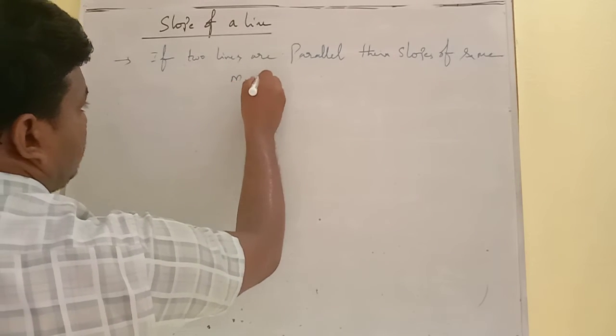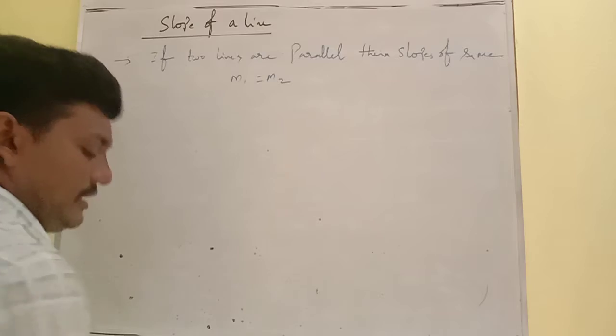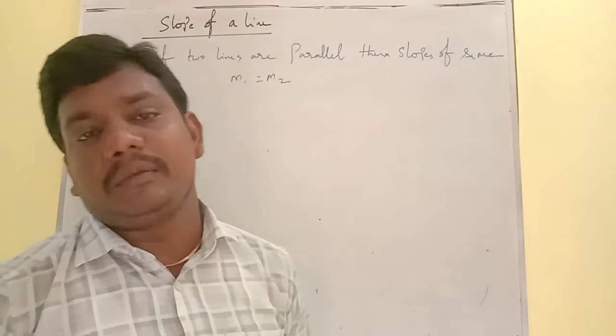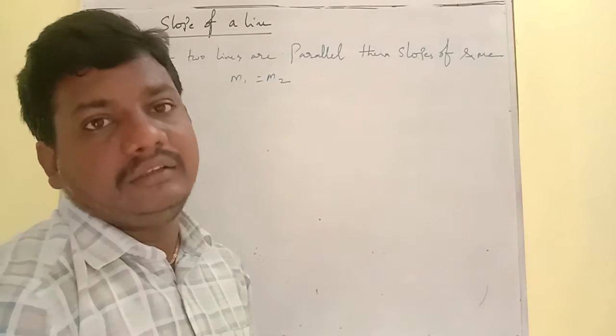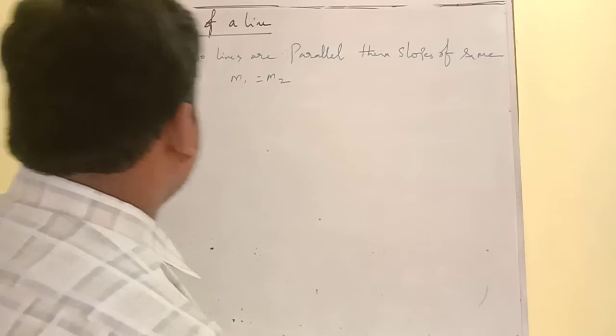Where the slope of the first line is m1 and the slope of the second line is m2, then m1 is equal to m2 when two lines are parallel.